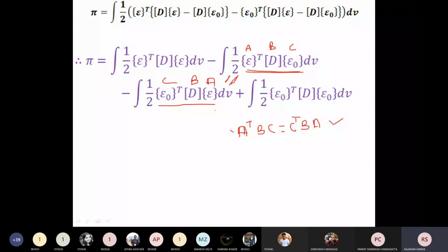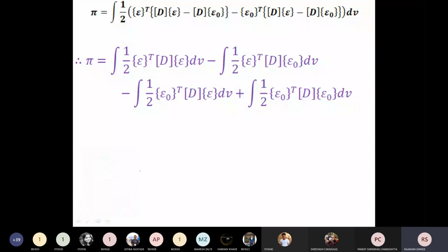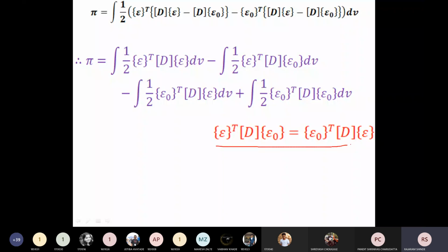Yes, sir. Okay. Now I can add these two terms. I have written here epsilon transpose D epsilon 0 is equal to epsilon 0 transpose D epsilon. It is one standard rule from matrix algebra.